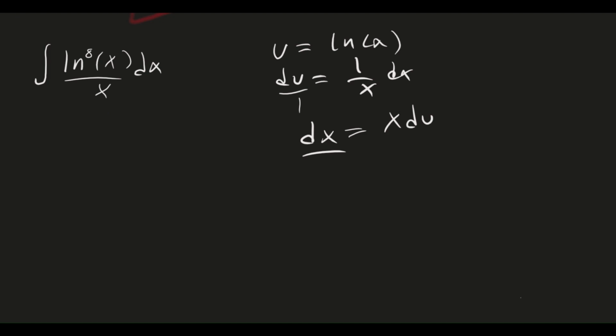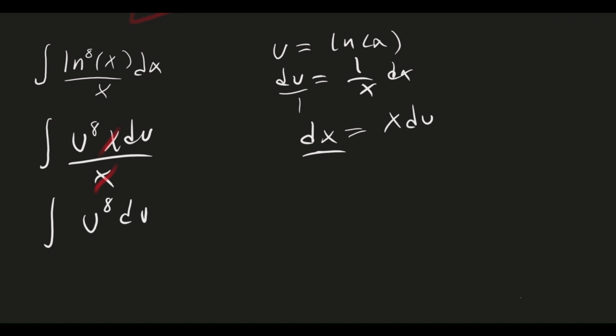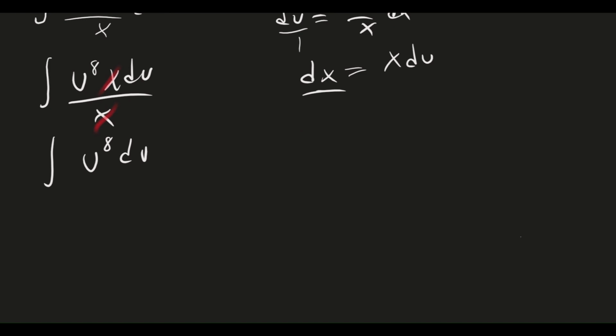And now we can rewrite this expression as u raised to the power of 8 dx, which is this, x du over x. We can cancel these two x's. We'll now have the integral of u raised to the power of 8 du, right? So now what can we do next? We need to use the power rule.